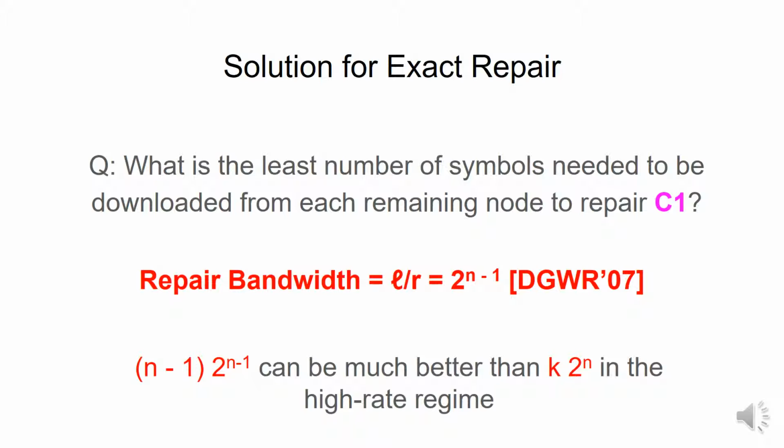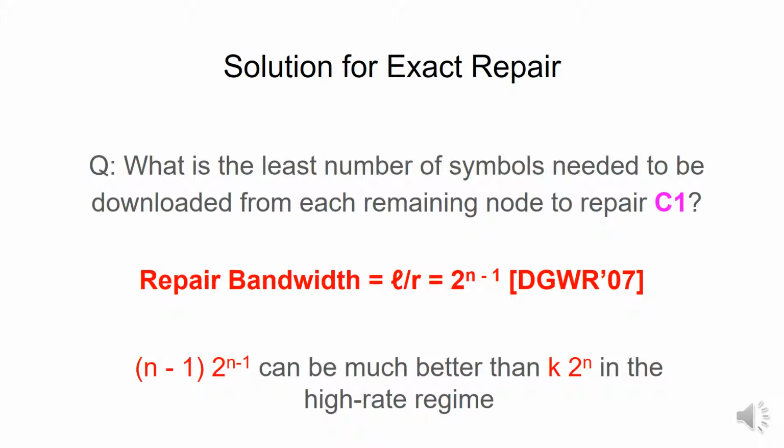And that is exactly 2 raised to n minus 1 in this case. So from each node, you're downloading only L by R symbols, and in total, you're downloading n minus 1 times L by R, which is n minus 1 times 2 raised to n minus 1. And that can be much better than k raised to 2n in the hierarchy.